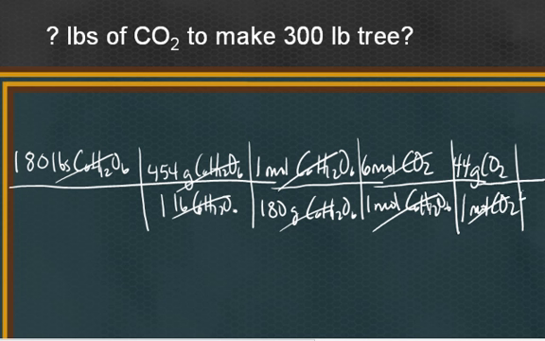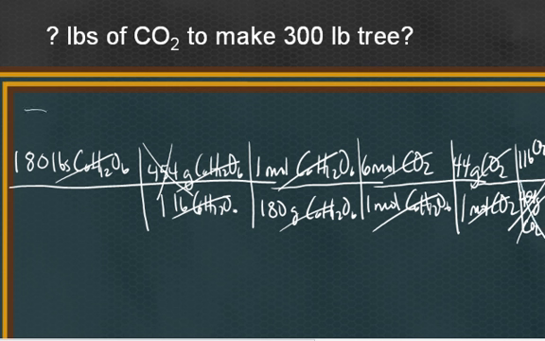454 grams. I'm not out of space. 454 grams of CO2 per 1 pound of CO2. The gram unit cancels. All right, let's do the math. Well, the 454 and the 454 each cancel, so I don't have to worry about that number. Makes it easier.